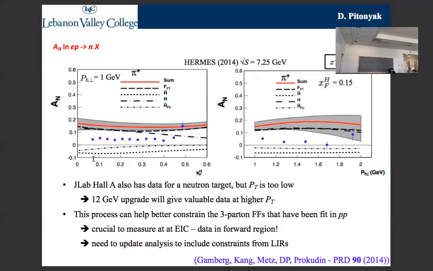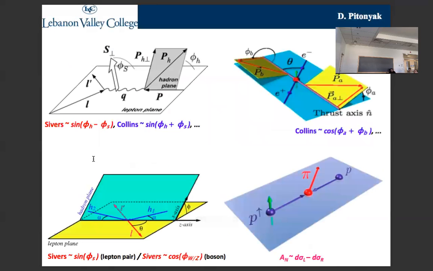But this will be crucial at the EIC to measure this observable as the analog to the pp A sub N. And here we actually think that next-to-leading order corrections would be significant, and I think Werner might be talking about this tomorrow a bit, so I'll leave that to him. But again, this ep A sub N is going to be extremely important at an EIC as the analog for the pp A sub N that's been measured at RHIC.